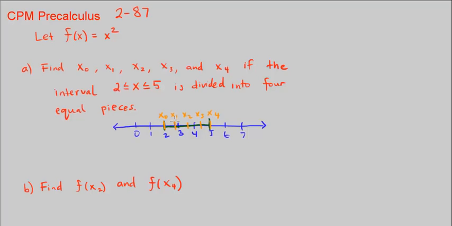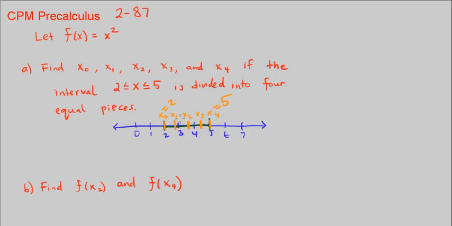These are my five endpoints, and these are the 4 pieces that create them. So x sub 0, the first one, is always going to be the first part of my interval, which is 2, and x sub 4 is the last part, which is 5.